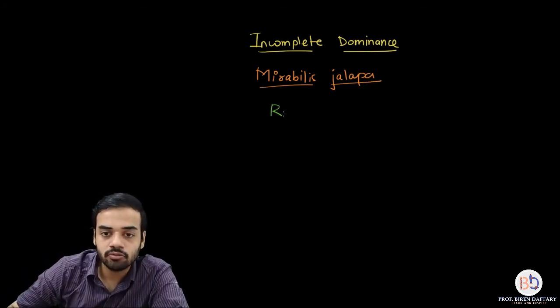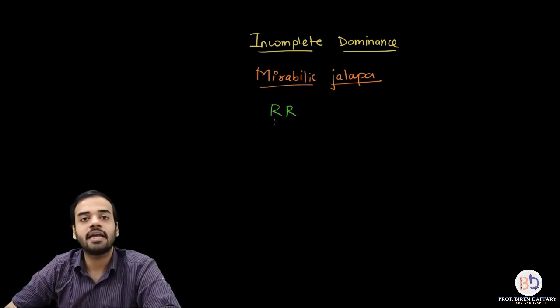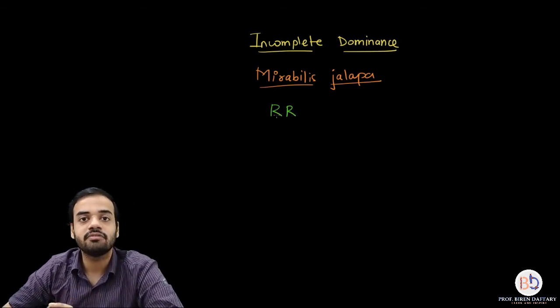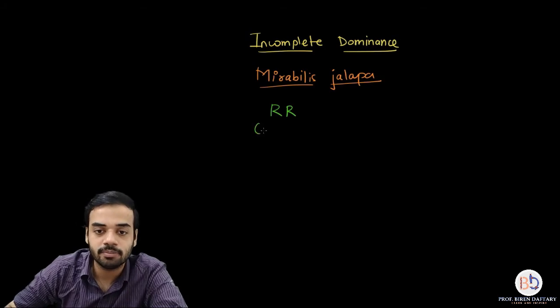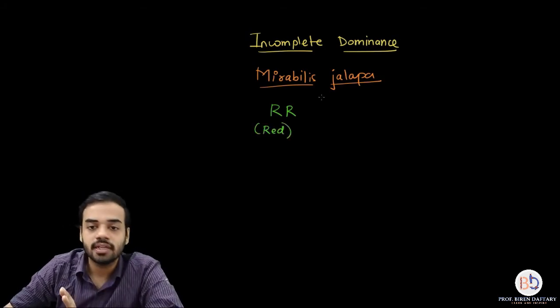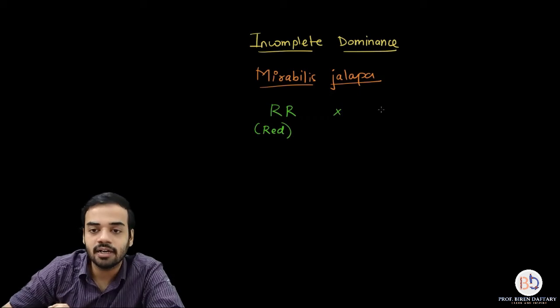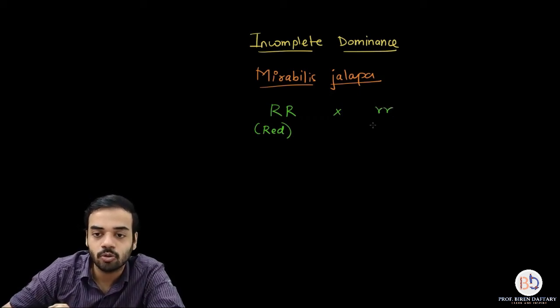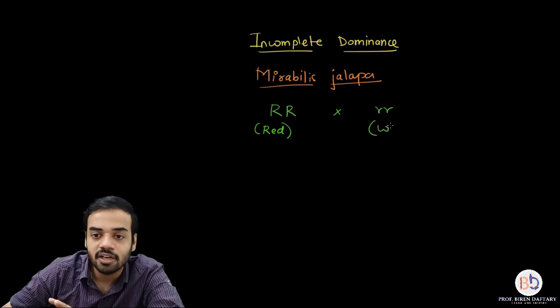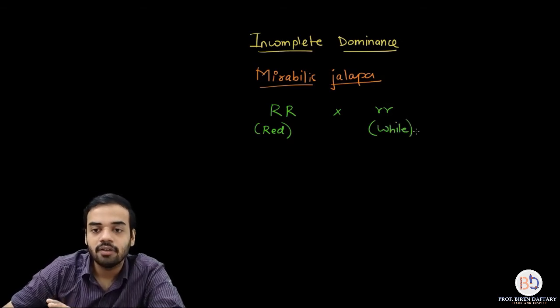I'm going to write down the genotype, capital R, capital R. This is the Mirabilis jalapa plant which has red colored flowers. So let me write it down over here in the bracket, red colored. This capital R is crossed with small r. Small r is the Mirabilis jalapa plant which has white colored flowers.